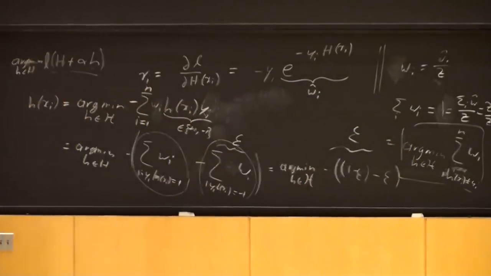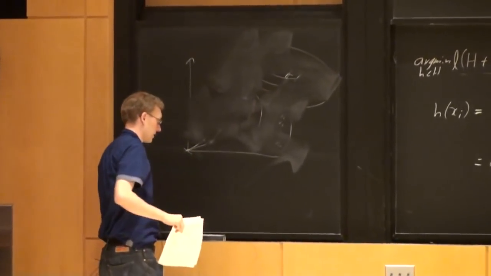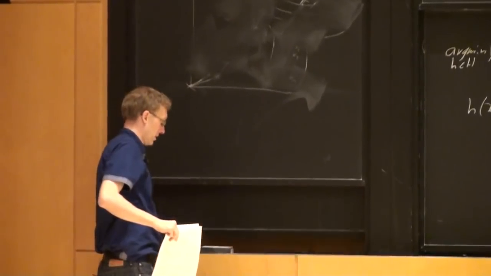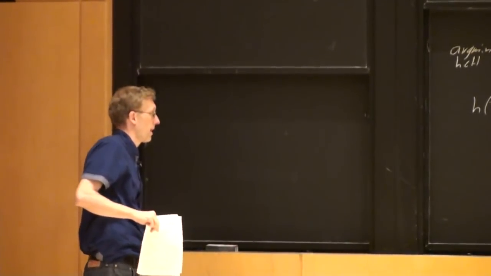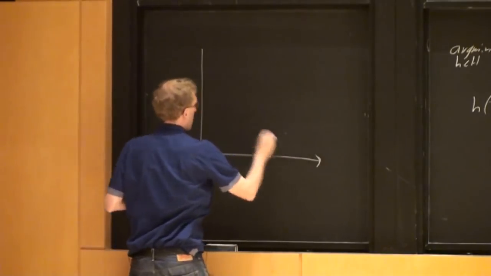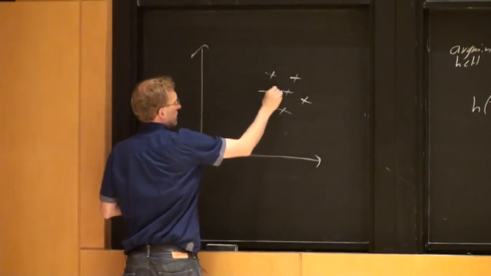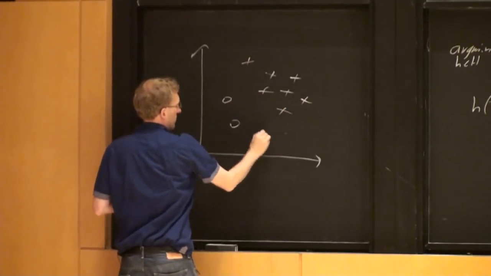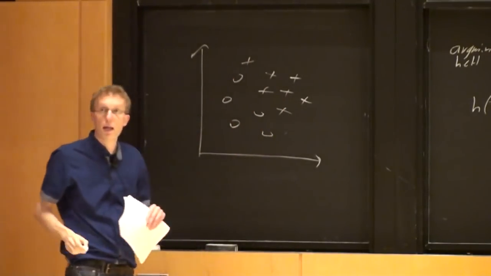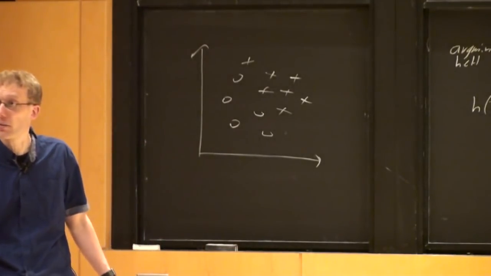You basically have a data set. Oh wait, I can do this. This is really fancy. You have a data set of positive and negative points, and each one of these points has a weight associated with it.